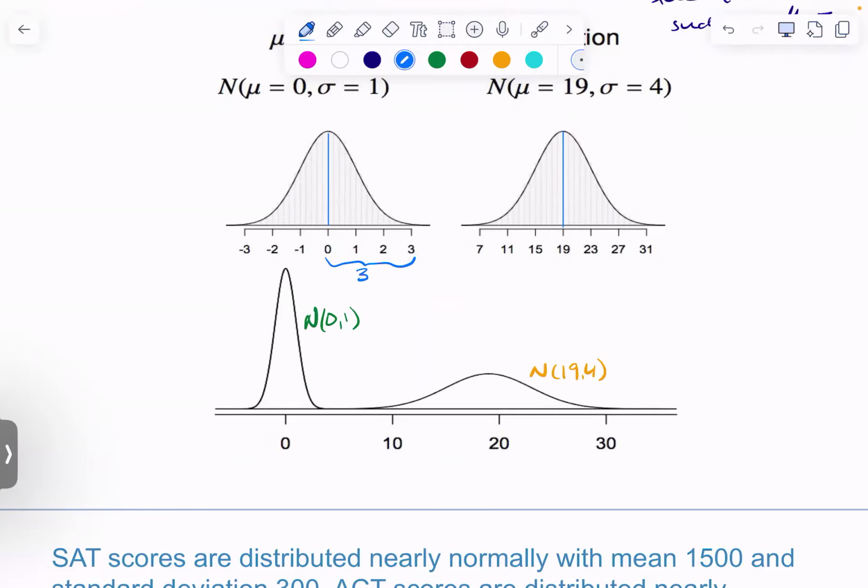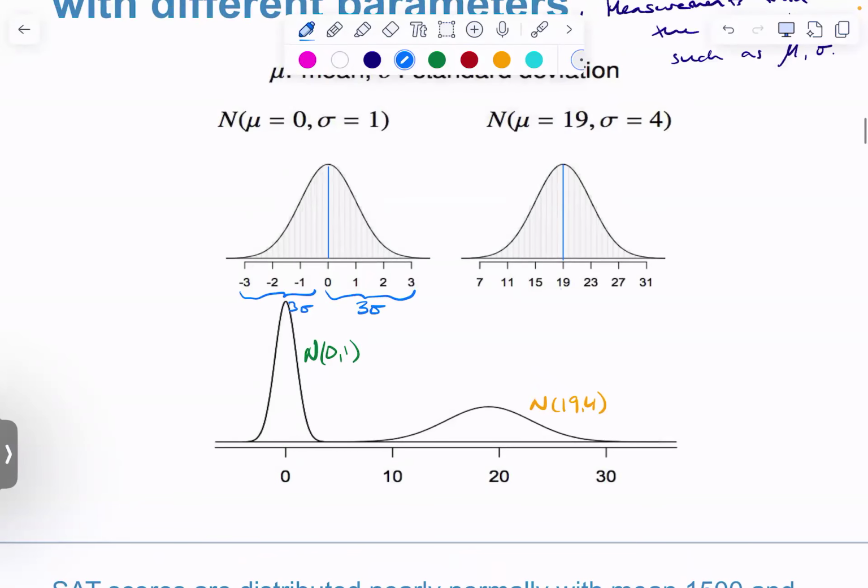Here, notice that this is a distance of 3 sigma, and you can move out the other direction. If sigma is 1, then this is also a distance of 3 sigma. Now, between 31 and 19, I know it's 3 sigma, but now sigma is 4. Let's just confirm: 19 plus 12, oh, math.